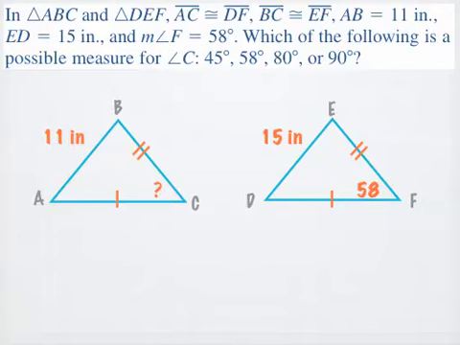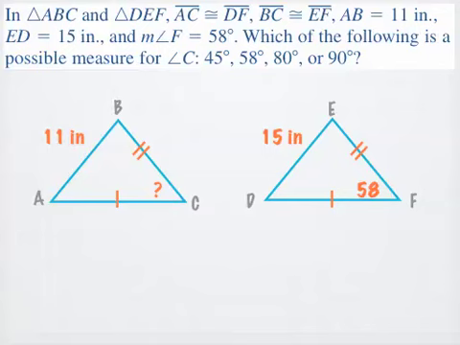Notice I am going to be able to use the Hinge theorem. The 58-degree angle and angle C are included between 2 congruent sides in 2 triangles that have congruent sides. Notice that 58 is opposite a 15-inch side, and angle C is opposite an 11-inch side.